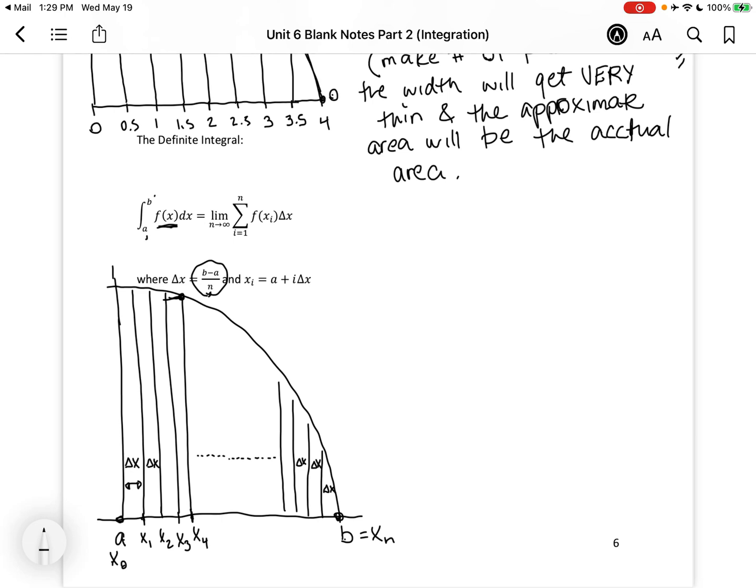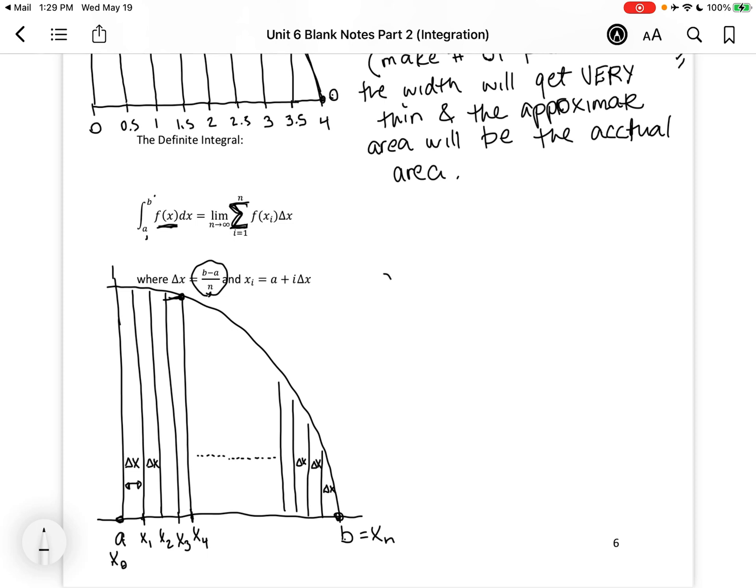Now, you may have noticed that the integral symbol actually looks like an S. It looks like an S because the notation comes from this letter, the Greek letter sigma, which stands for sum. And so the integral is, in fact, a sum of these little slivers of area.